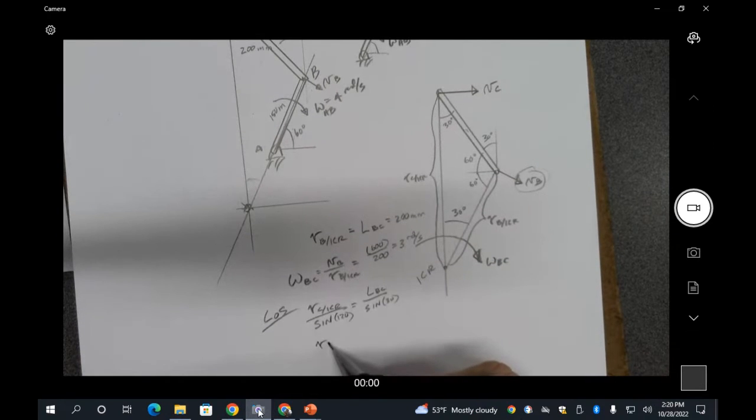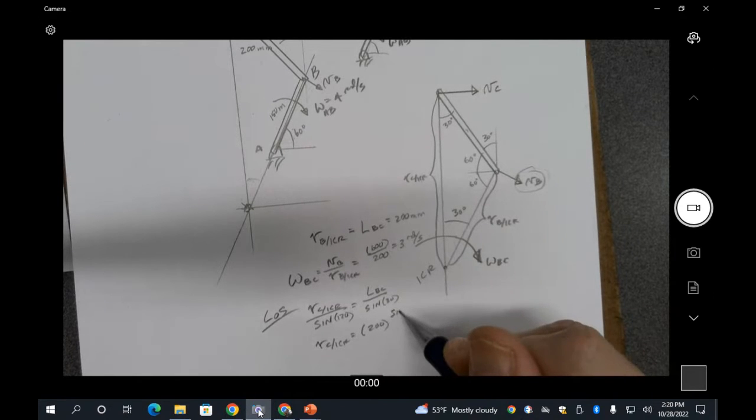So we would say that RC with respect to ICR is going to be equal to 200 times the sine of 120 divided by the sine of 30.